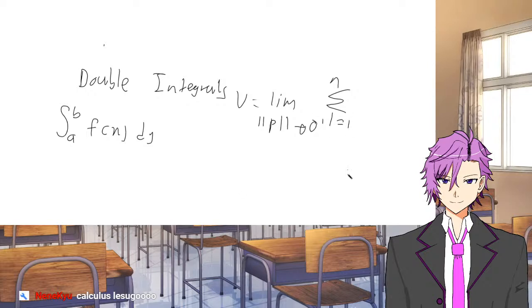L equals 1. Then f, my goodness, I can't remember this. Okay, so u_i, v_i, so it's an i, delta A_i.